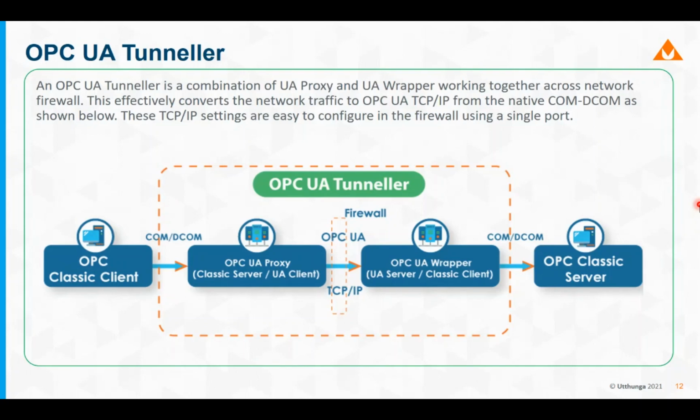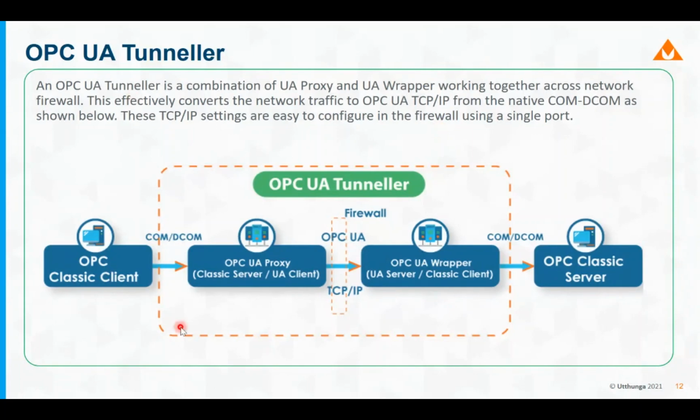COM/DCOM had this issue, so they switched away from it and went for TCP/IP. In OPC UA, you have a TCP/IP communication which uses OPC UA binary encoding, which is super efficient, works really fast, and uses only a single port to do all the communication. That can be used effectively here.